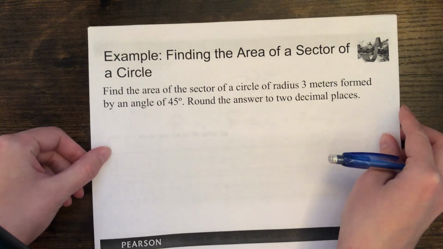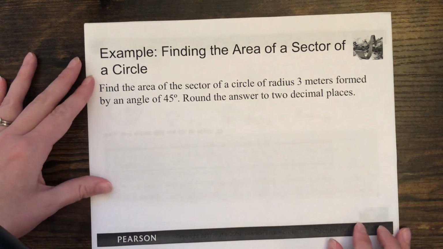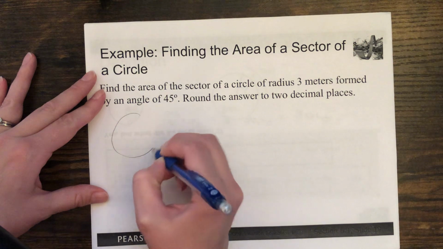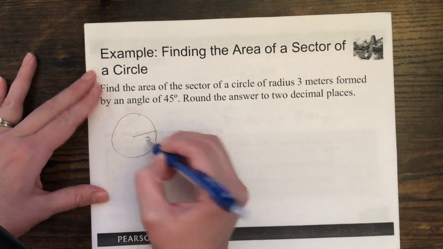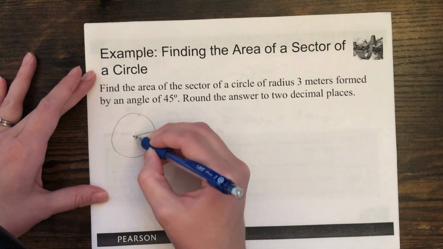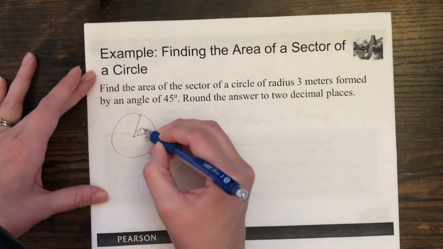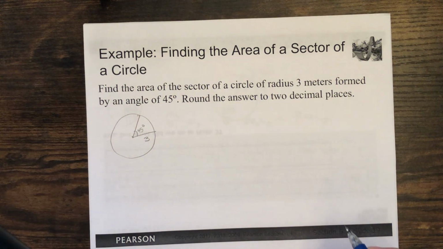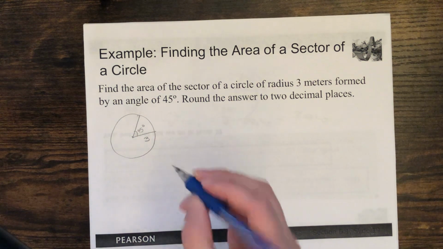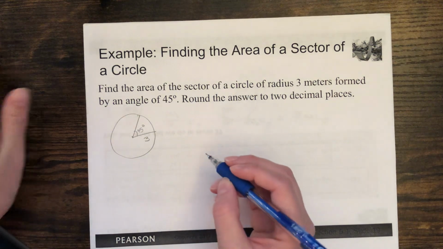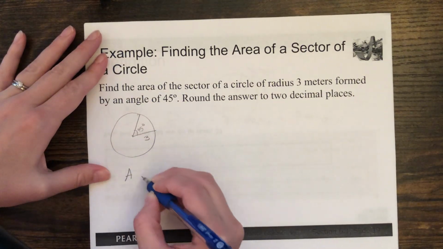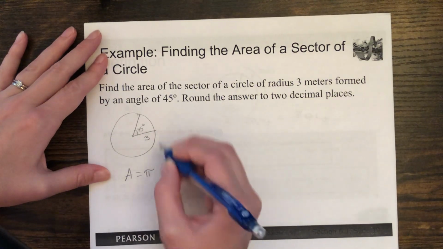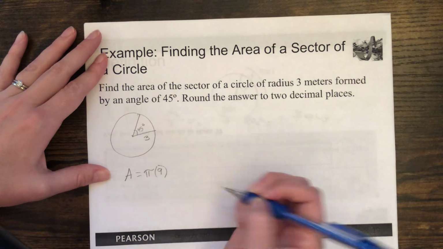Let's do an example. Find the area of the sector of a circle that has a radius of 3 formed by an angle of 45 degrees. Round your answer to 2 decimal places. So if I had the entire circle, the area of the entire circle here would be pi times radius squared, which is 9, so it'd be 9 pi.